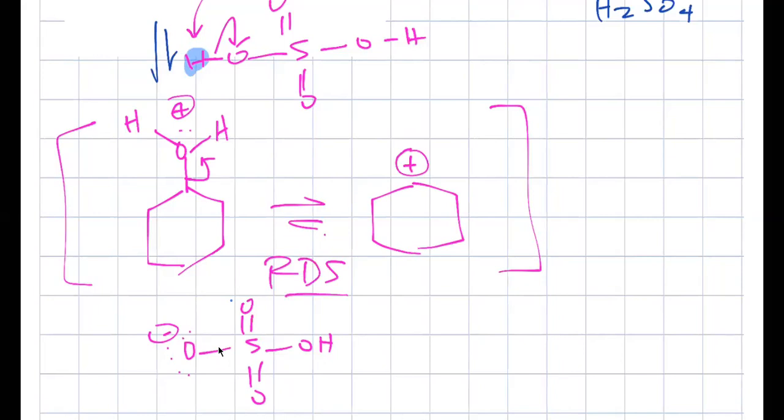All right, now here's the elimination part. It's the same idea when you're eliminating, right? The carbons that are adjacent to where your leaving group is, those are the carbons that give up a proton.